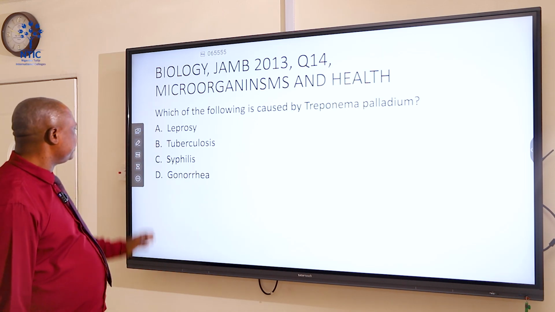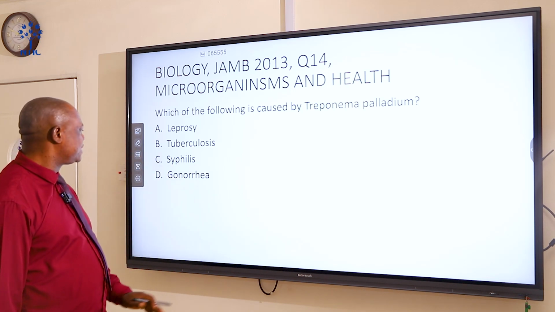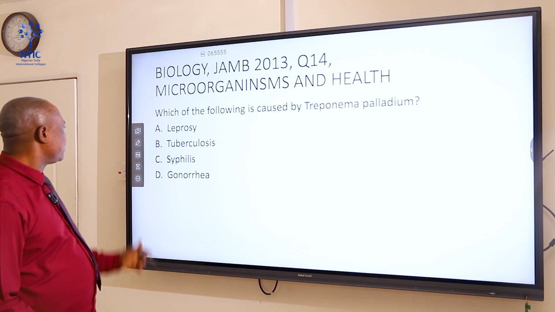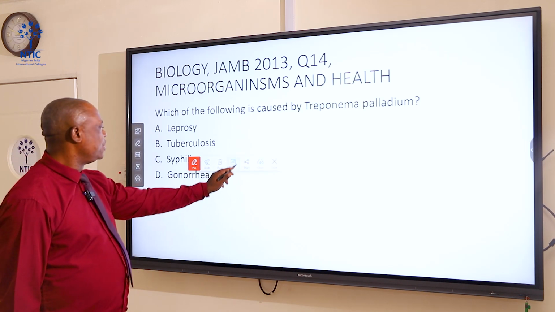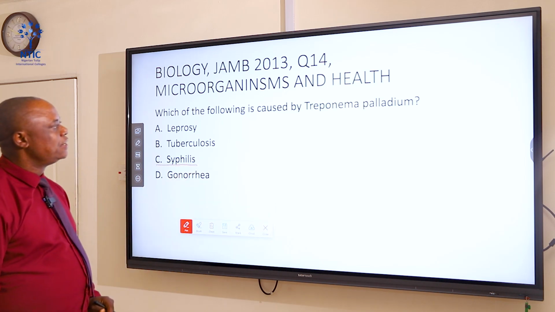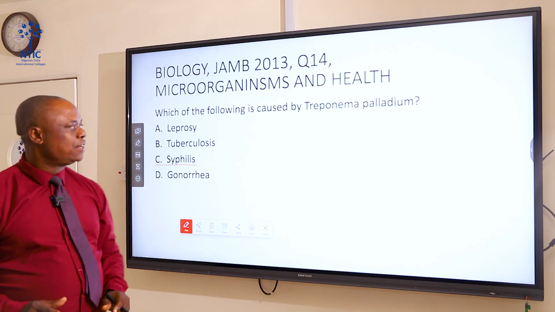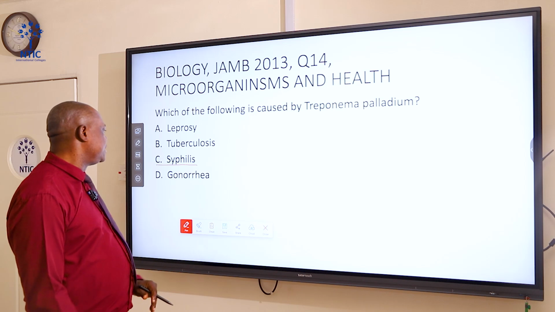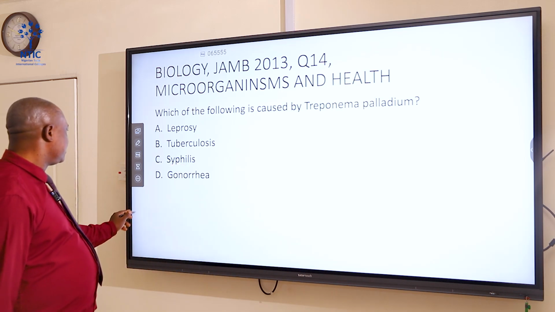A, leprosy. B, tuberculosis. C, syphilis. D, gonorrhea. The correct answer here is option C, syphilis. Treponema pallidum is the causative agent of syphilis. We move to the next question.